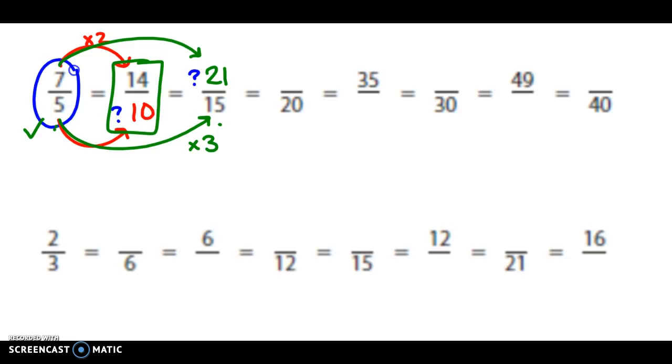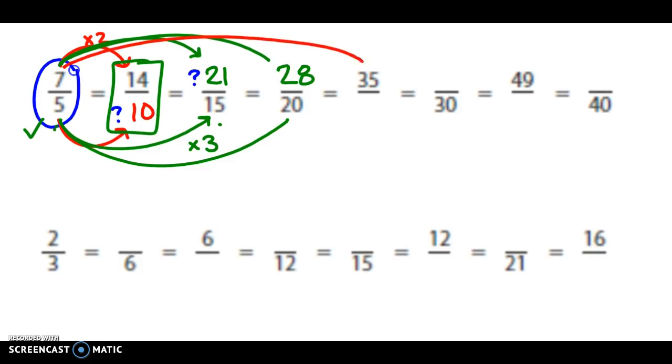Okay, so let me keep going. This gets multiplied by 4, so 7 times 4. And then I'm moving across now. 7 gets multiplied by 5 here, so 5 times 5. So we're just counting up, making a pattern here, but you can see how these equivalent fractions work.